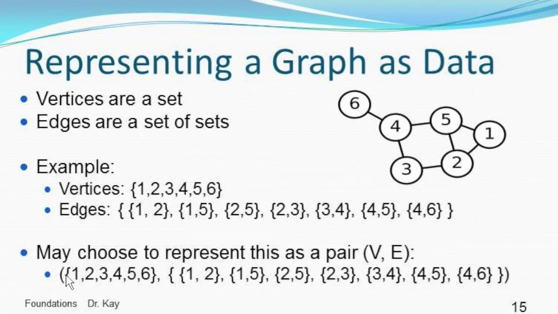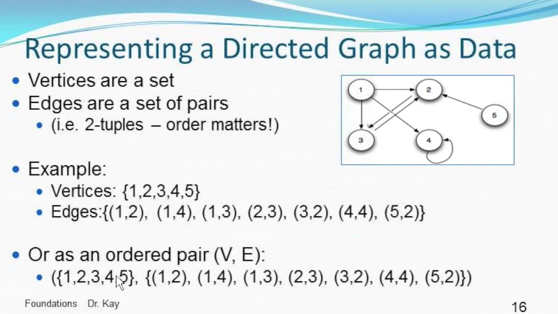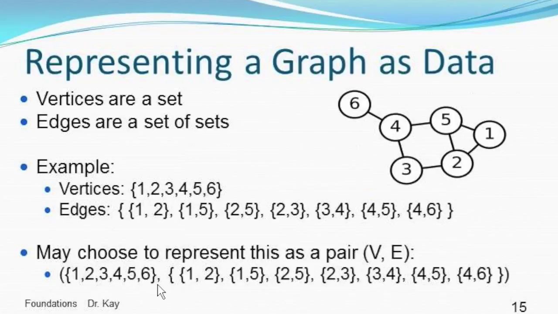And so all I'm doing here is saying, well, I have a pair, and the first element in my pair is that set of vertices that we have here. So I just copied this down to there. And then there's a comma, and the second element in my pair, you can see there's just one more thing in my pair, which is a set containing a bunch of stuff, and that's just the set of edges.